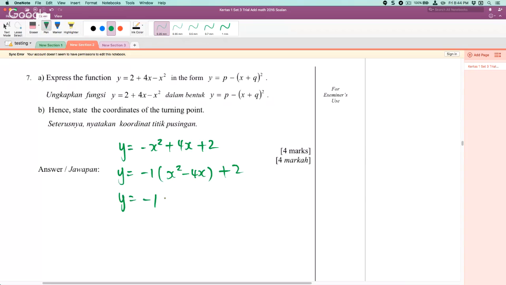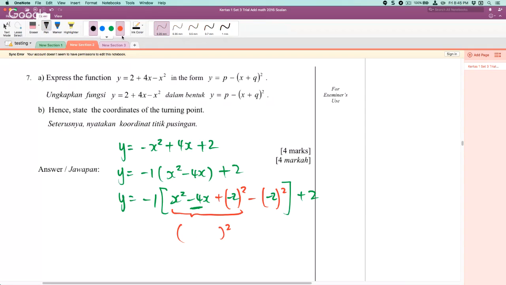Then this one actually is x squared minus 4x, and what I will do here is plus something squared minus something squared, and the rest is still the same. I close the bracket and then I plus 2. The something here is whatever is inside the bracket, b divided by 2. b is negative 4, negative 4 divided by 2, you'll get negative 2. Now the first 3 terms you need to join together to form something squared.